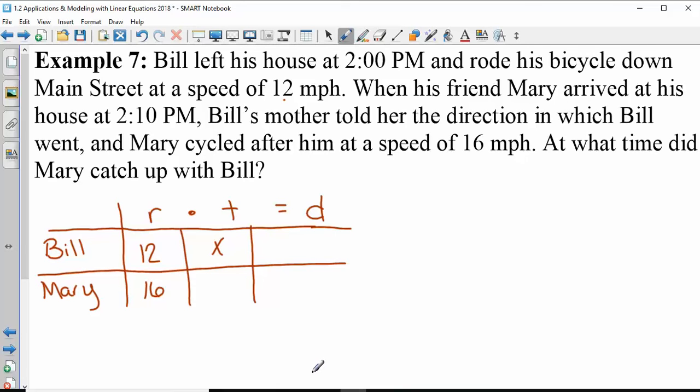That's his time. Now Mary started later than him, so her time would be the same as his minus she came late. Now if you look, he started at 2 and she started at 2:10. You have to be very careful though. People look at this and they want to say x minus 10 because it was 10 minutes difference.